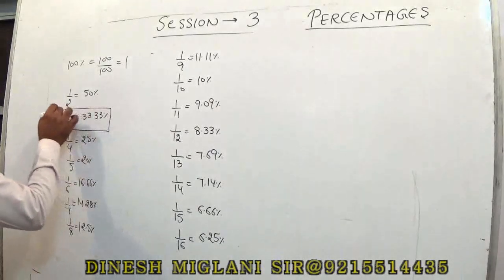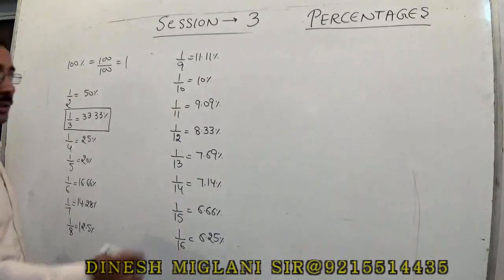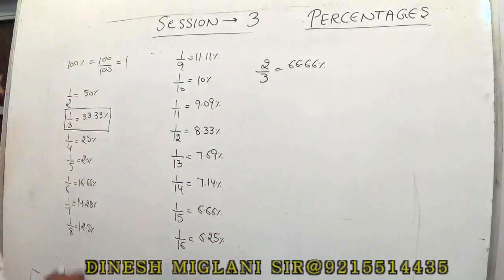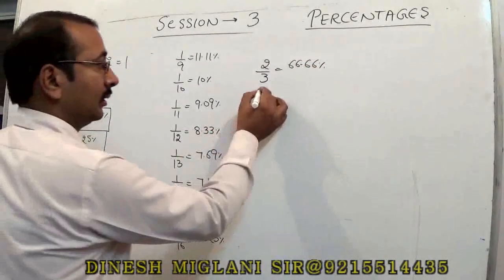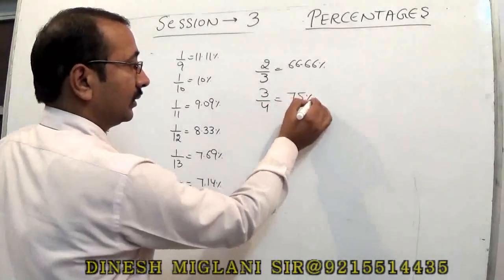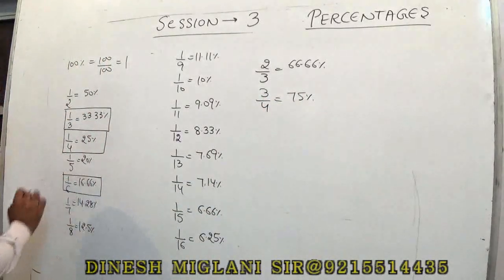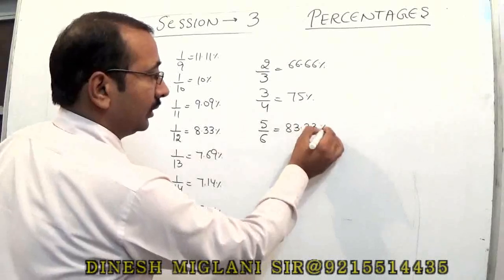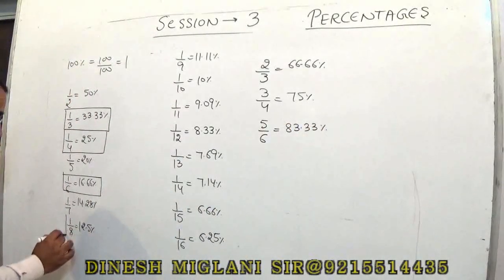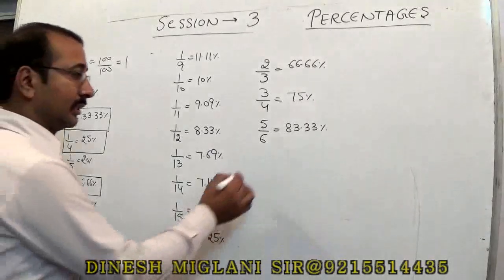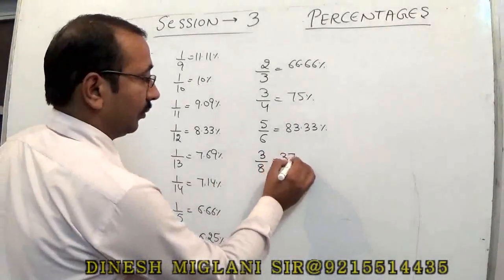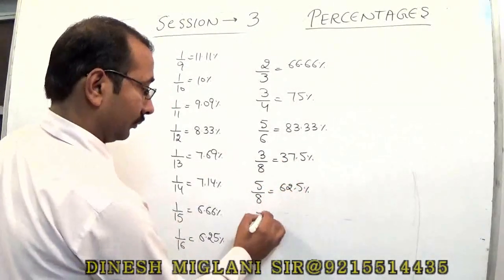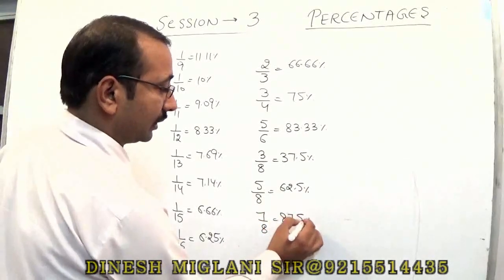For example, 1 by 3 is 33.33%, 2 by 3 equals 66.66%, 1 by 4 is 25%, 3 by 4 is equal to 75%, 1 by 6 is 16.66%, so we can say 5 by 6 equals 83.33%, 1 upon 8 is 12.5%, so we can say 3 upon 8 is 37.5%, 5 upon 8 62.5%, 7 upon 8 87.5%.